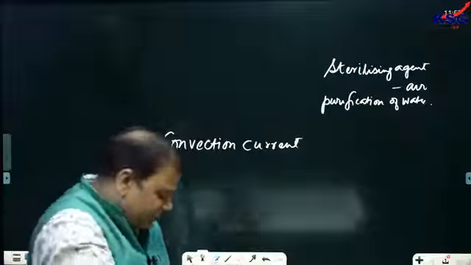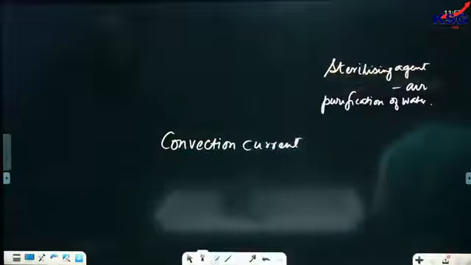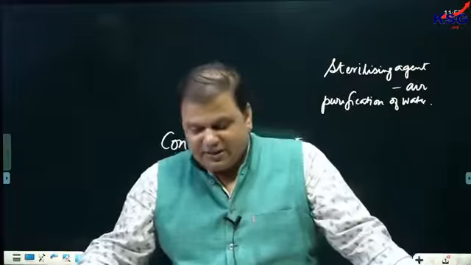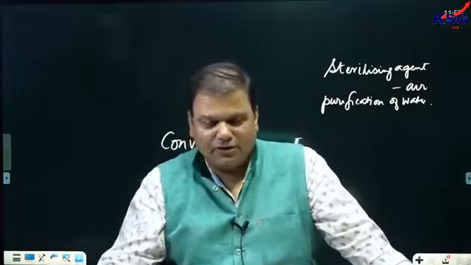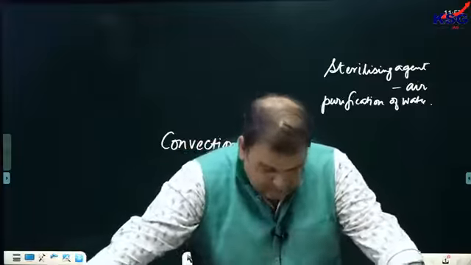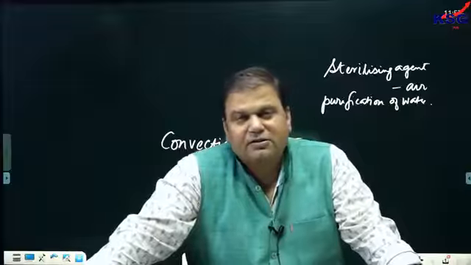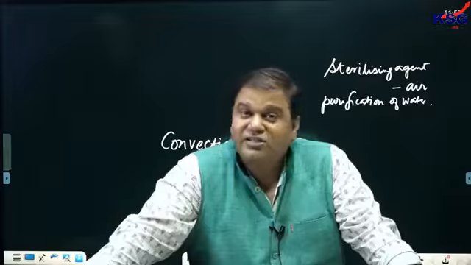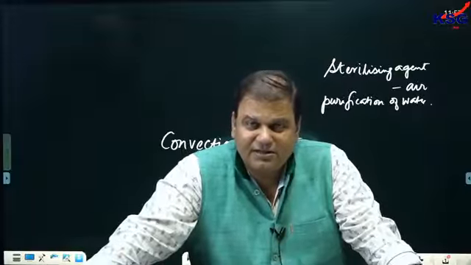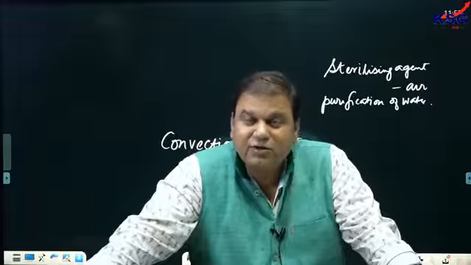Stratosphere is a dry region, whereas troposphere is a region where moisture is present, and ozone is unstable for moisture. Clear? Fine.